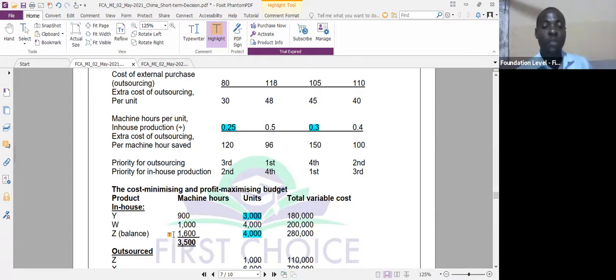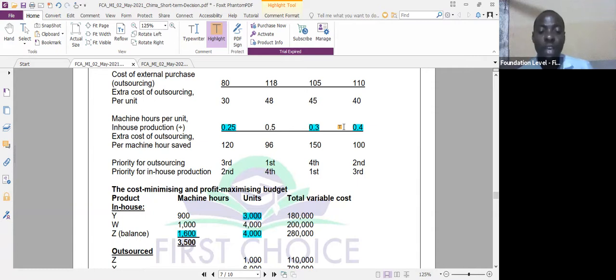So this is the number of hours available, 1,600 for Z, and this is the number of hours for 1 unit. So when you divide 1,600 by 0.4, you are going to get your 4,000 instead of 5,000.